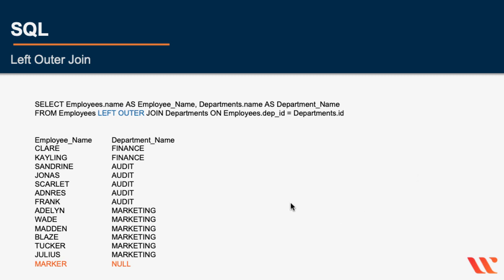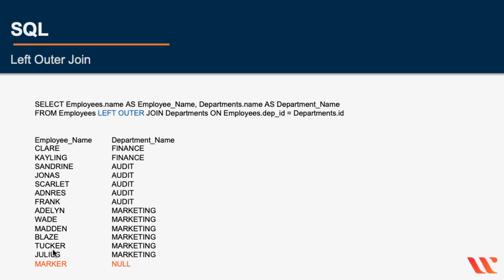In this case, we are again joining the employees table and the departments table. Here we are doing the left outer join, and again on department and department ID. So in this case, we're going to get all the data from the left table, which is the employees table, and then only the matching results from the right table, which is the department table.